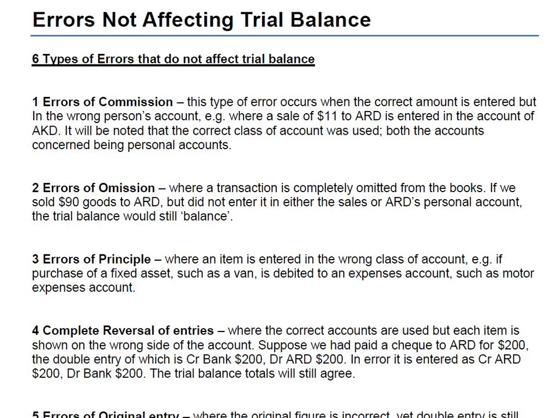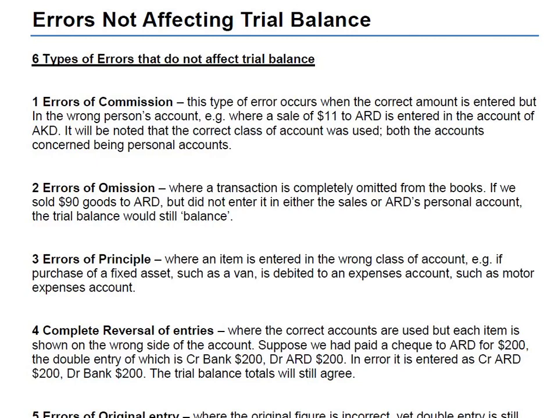So bank and cash are both current assets, therefore the error is known as error of commission. In error of commission, the account is wrong, but the category or type of account or the debit credit is right.